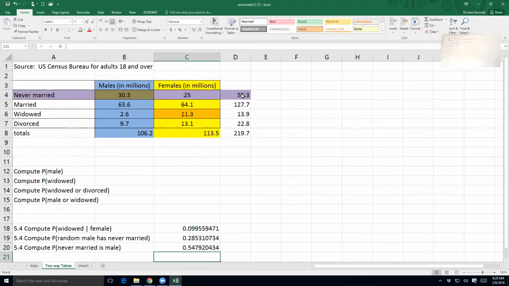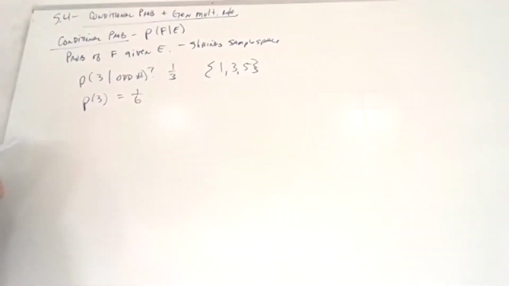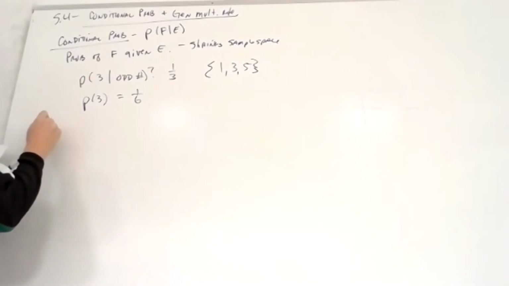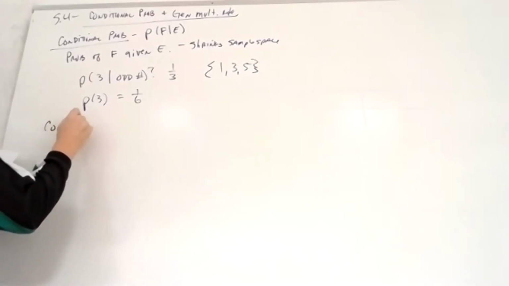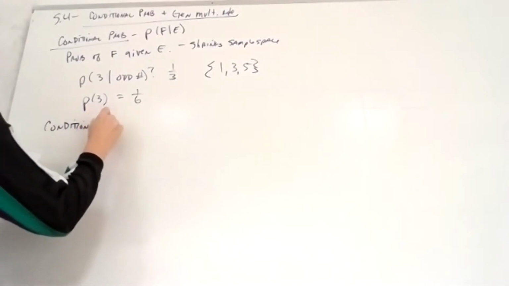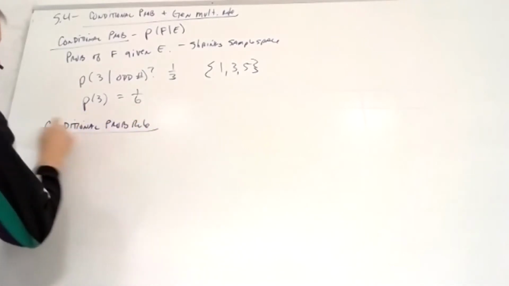All right. Okay, let's talk a little bit about, we'll go back to the board here. All right. Let's talk about the conditional probability rule.